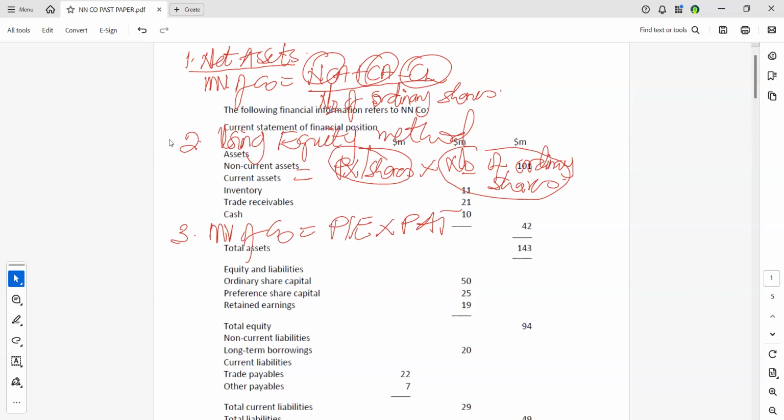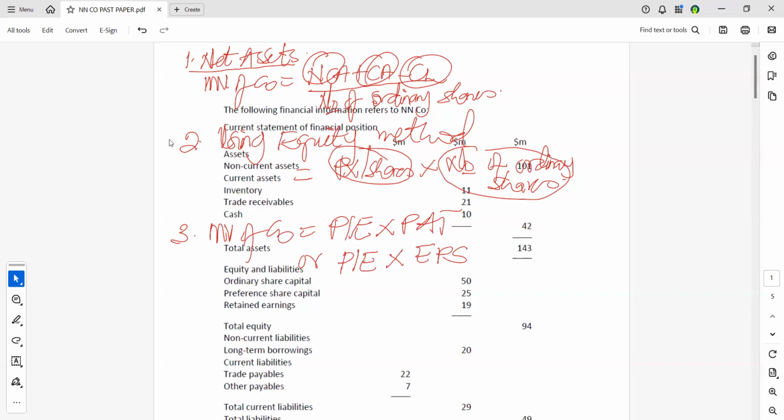Another complicated one which normally comes up and also gets some students confused is the PE ratio times earnings per share. Please do not get these two formulas confused. So if the examiner gives you the PE ratio, the price to earnings ratio, you can multiply the price to earnings ratio by the profit after tax. Then you get the market value of the company.